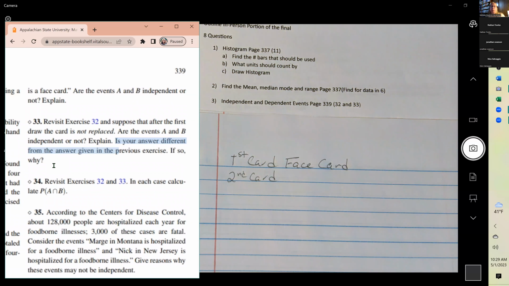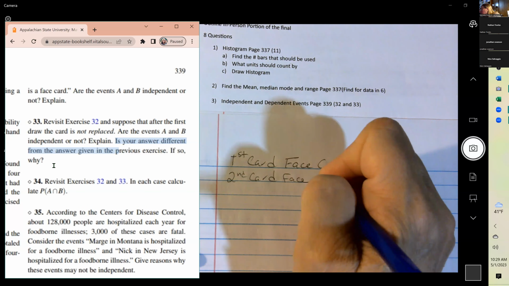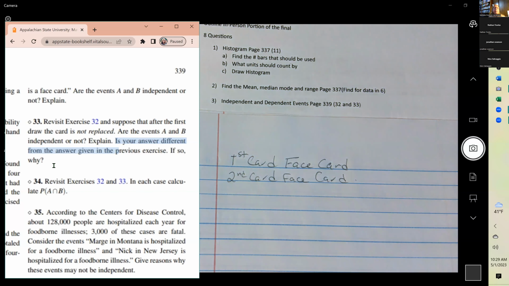So both of them are face cards. Are the events independent or not? So are they independent or dependent?